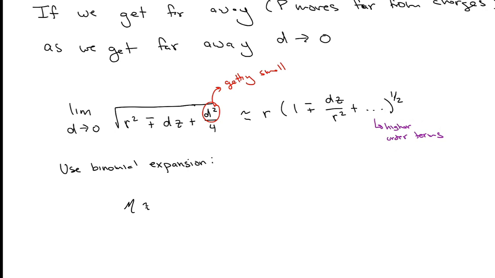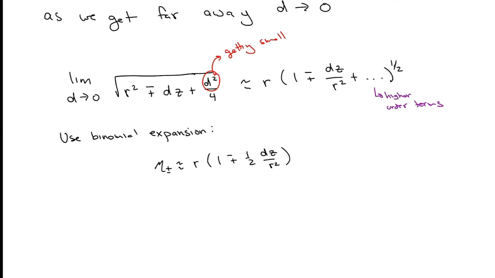If you remember, what we do when we take the binomial expansion is we pull down this exponent here, multiply it by this guy, and then get rid of the rest of the terms. Now the separation vector is going to be equal to r times 1 minus plus 1/2 dz over r squared. So we're going to approximate the separation vector as that. That's nice because we got rid of that square root.